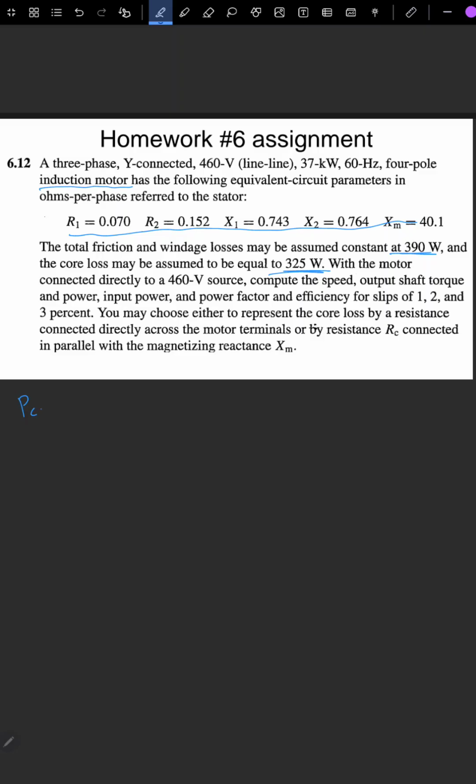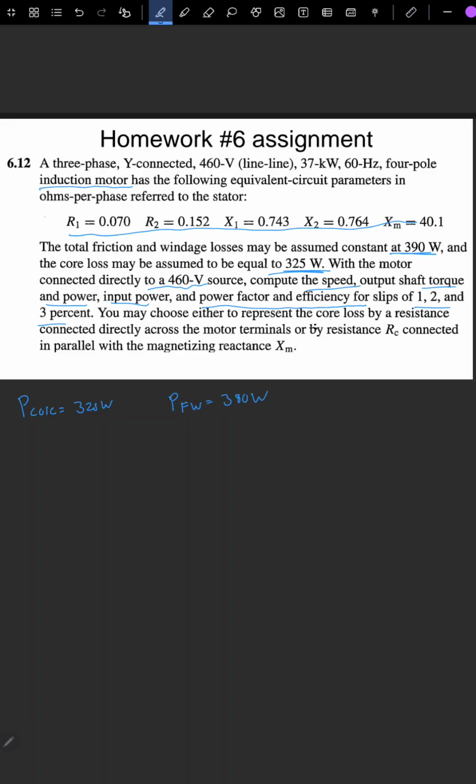So this time we have P core, and the friction losses are going to be 390 watts. With the motor connected directly to the 460 volt source, compute the speed, the output shaft torque and power, the input power, the power factor and efficiency for slips 1, 2, and 3%.